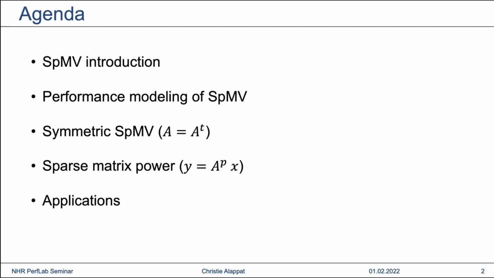These two optimizations are not straightforward and include inherent challenges, and therefore we use this RACE framework to optimize for these kernels. At the end, we will see some performance numbers as well as some applications that can use these optimized kernels.